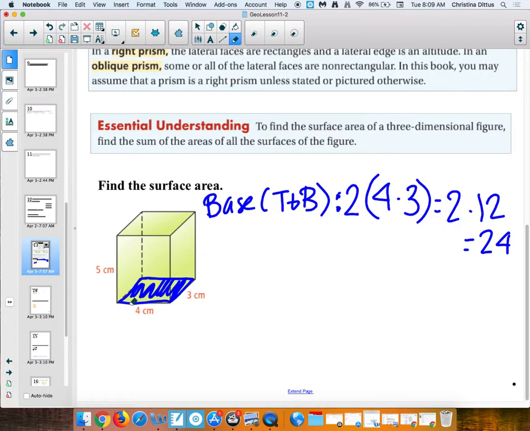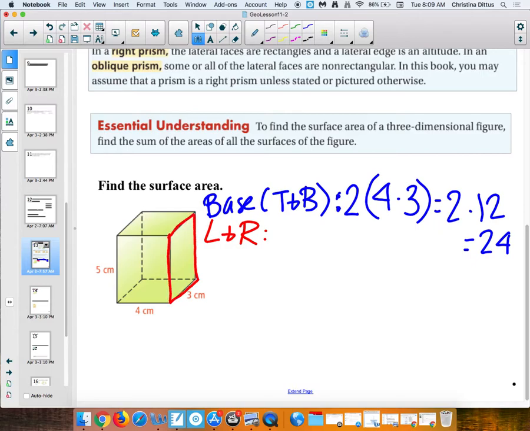I also have my sides, my left and right. If I look at the left and right, what shape do I have? A rectangle. What are the dimensions of that rectangle? 5 by 3, and I have how many of them?